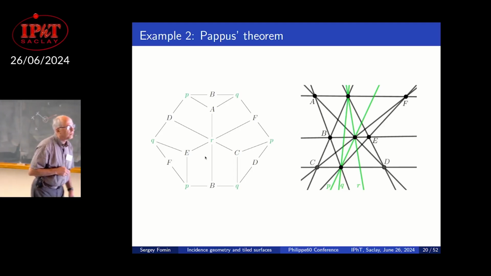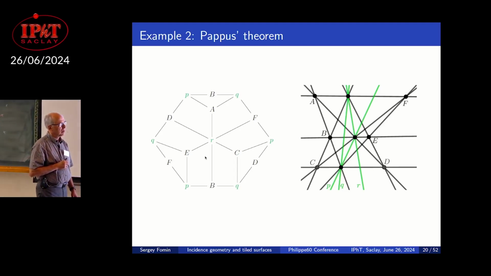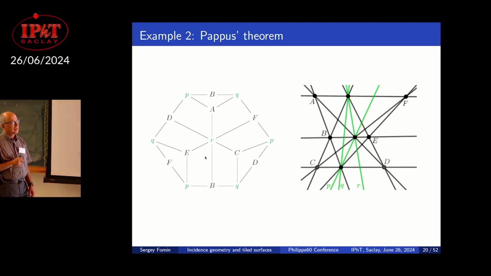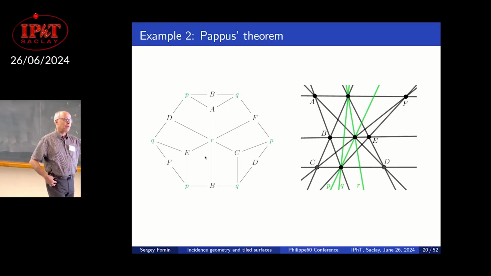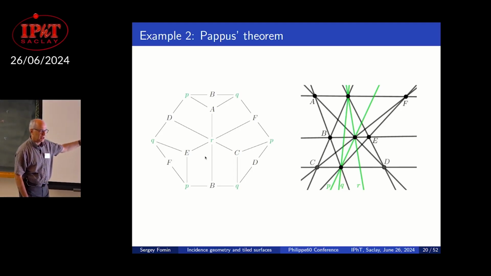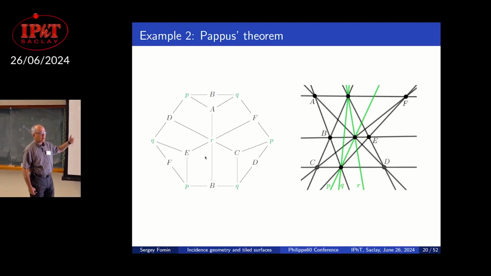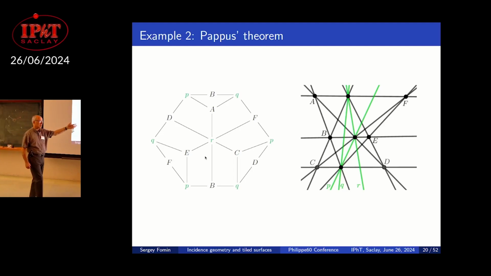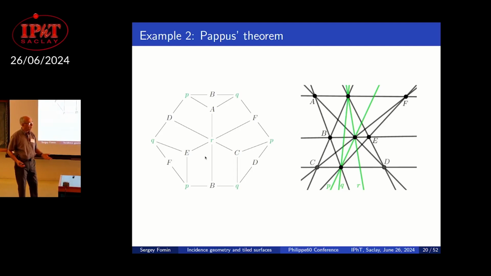So it would seem, according to this example, that you can attach a genus to the theorem on the right. That's right. Is this a general fact? Well, it's a natural question, and indeed you are anticipating one of the problems that I will state very soon. To determine the genus of the surface that would prove a given incidence theorem, we don't know how to do that.